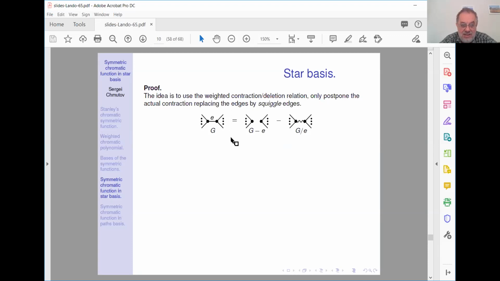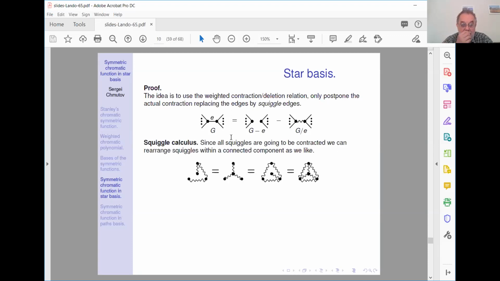So that is the contraction deletion relation. And then since at the end there will be a lot of squiggles there, they are going to be contracted. That means that all connected graphs with squiggle edges are going to be the same. We have to contract it to a single point of that weight.